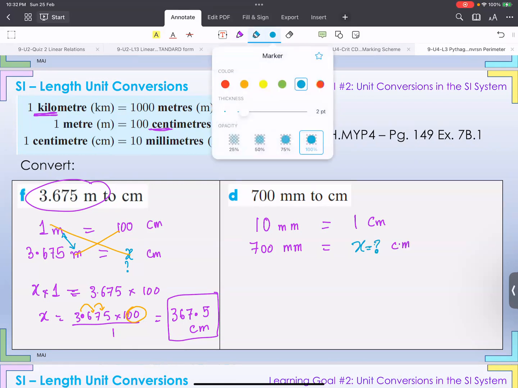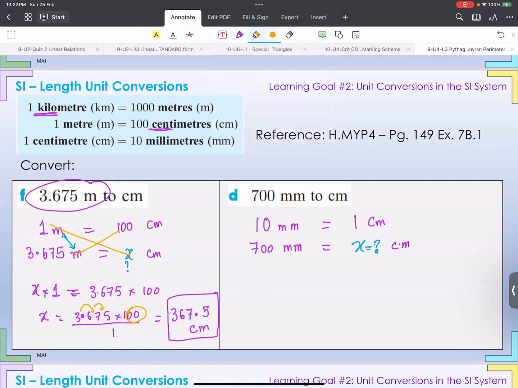What I mean by multiplying this is setting up the ratio, and you have 10 multiplied by X is 700 multiplied by 1. So X is equal to 700 times 1 divided by 10, which is nothing but 700 divided by 10.